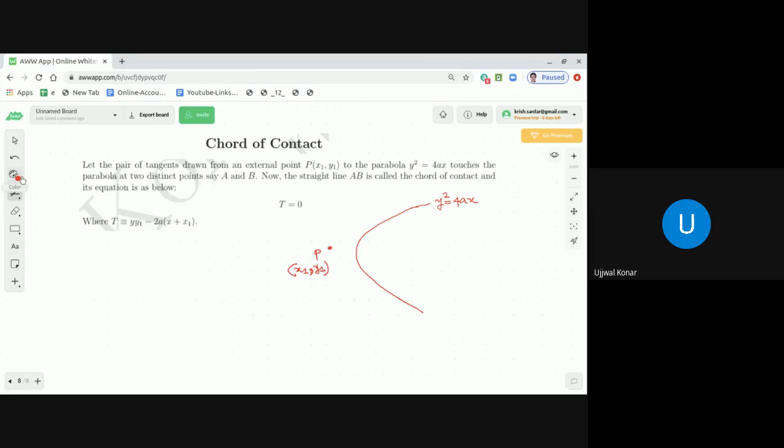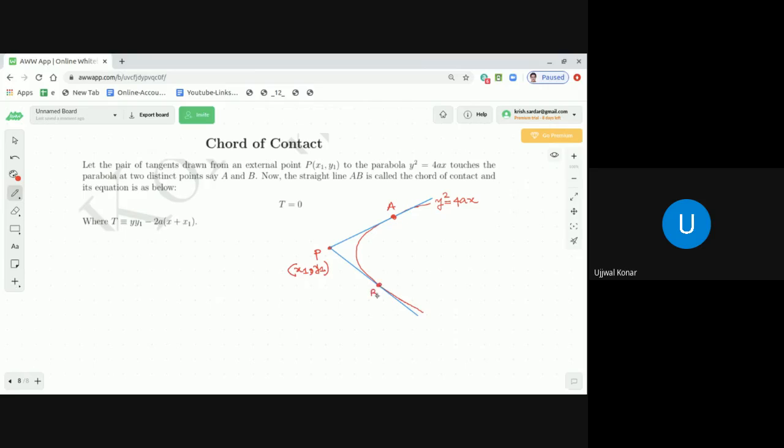Now we can draw two tangents to this parabola. One tangent is something like this, and another tangent is something like this. Correct? Now, these are the two distinct points I'm marking. This is the point A and this is the point B.